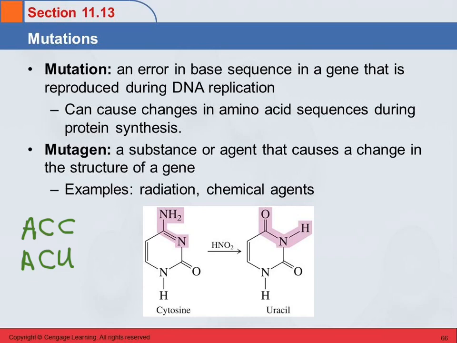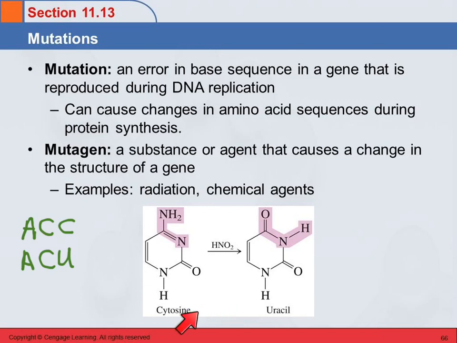And that can cause problems, things like cancer. Chemical agents can also do this. Here's an example of how cytosine could be changed into uracil. This is nitrous acid, and nitrous acid can react with cytosine to convert it into uracil.